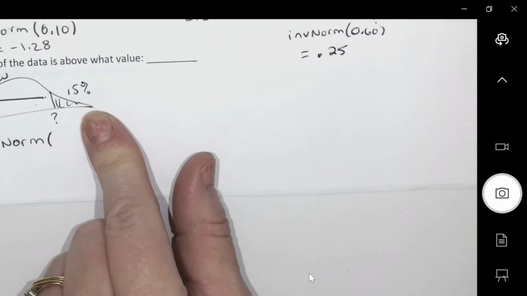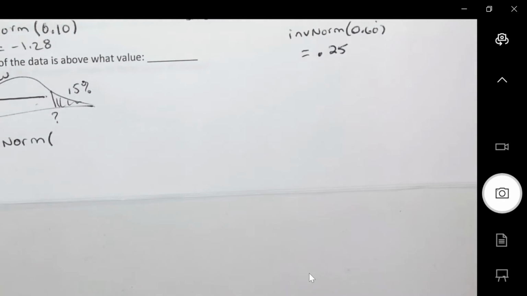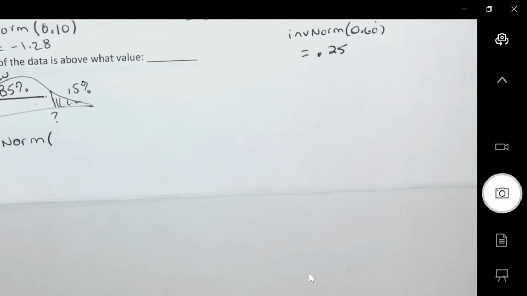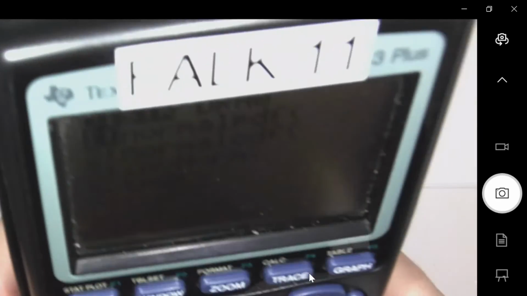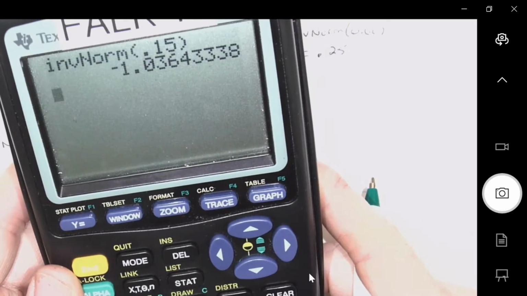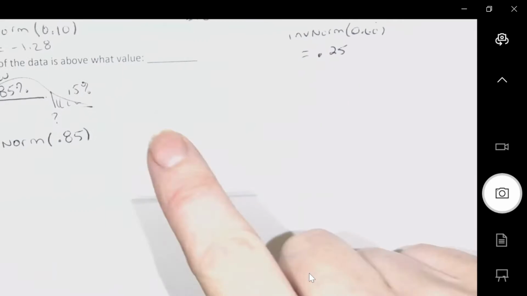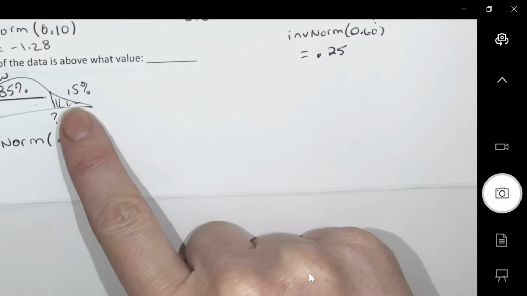Okay, so if there's 15% above you, how much is below you? Is that 85% of the data is below you at that spot? Okay, so I'm going to go 0.85. By the way, if you had done it wrong and typed in 0.15, you should understand the negative Z score. That's not a negative Z score where you are, right? Because you're near the top. You're above the mean.